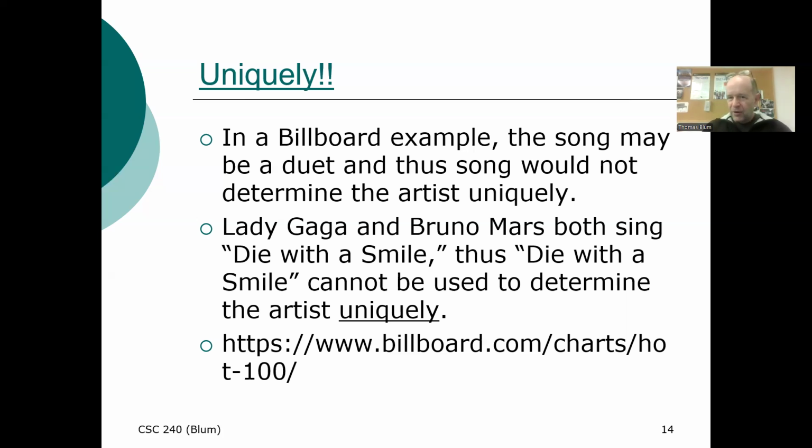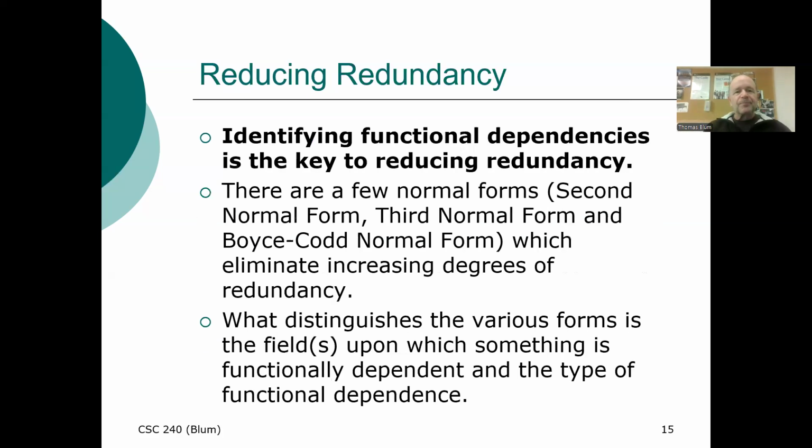Because I want one artist, I don't want a multi-valued field of Lady Gaga and Bruno Mars in my database. I want them both in separate rows so that if I search for Lady Gaga, I will find it, and if I search for Bruno Mars, I will find it. And so the artist here is not functionally dependent on the song, because of the multi-valued stuff.